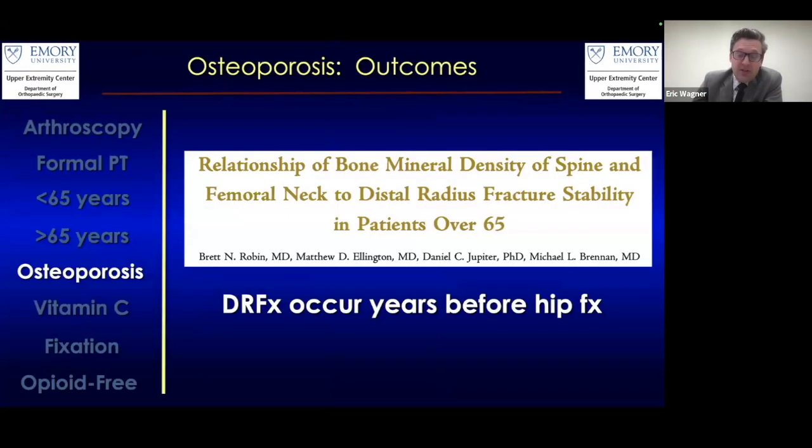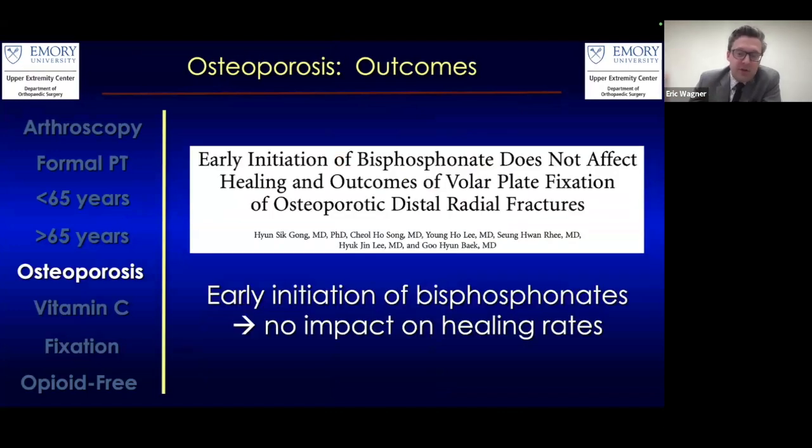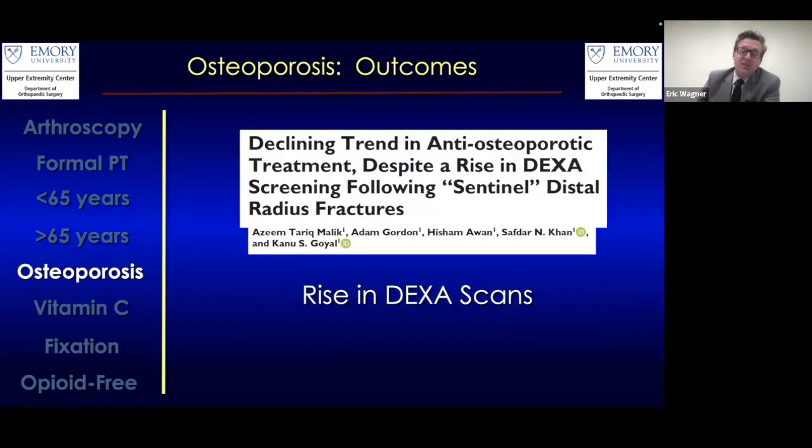Without question, distal radius fractures occur well before hip fractures. And as a marker of osteoporosis, it's also been shown that you can start bisphosphonates and it does not impact fracture healing. So without question, when you have somebody that has potentially a fragility fracture, get them in to be seen, and the initiation of this should not impact healing. And we've seen this through many efforts. The DEXA are on the rise.